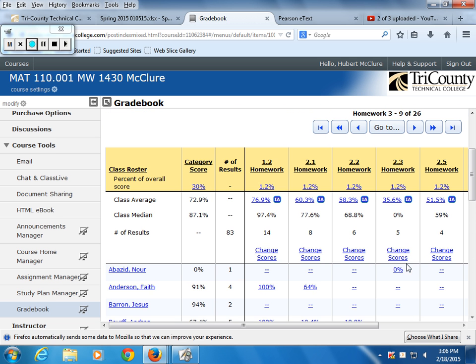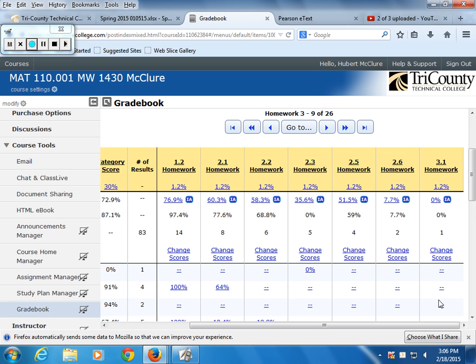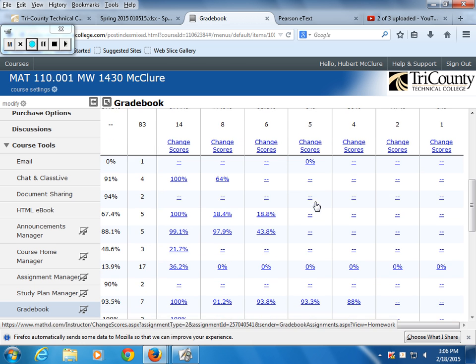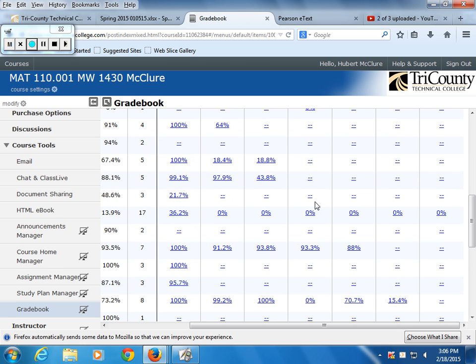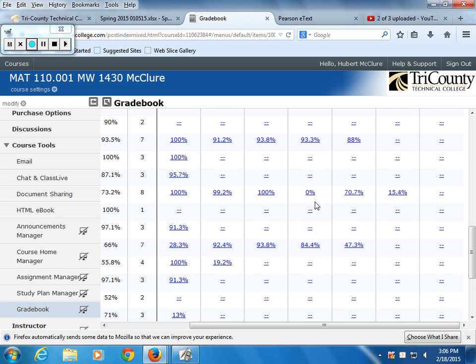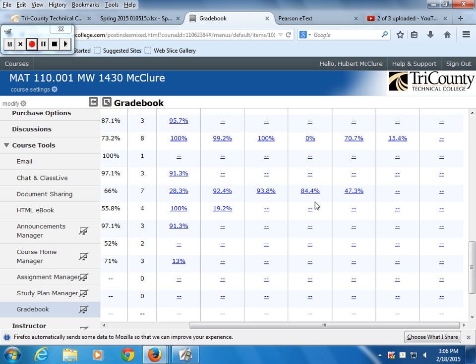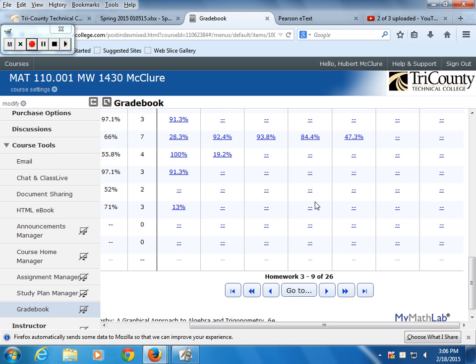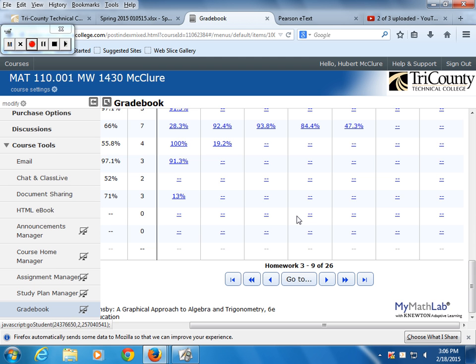Out of 21 people, we've got 1, 2, 3, 4, 5, 6, 7, 8, 9, 10, 11, 12, 13, 14, 15. 15 of y'all hadn't done squat.